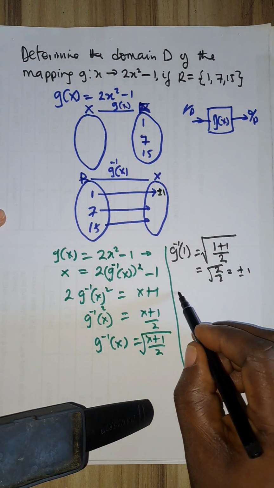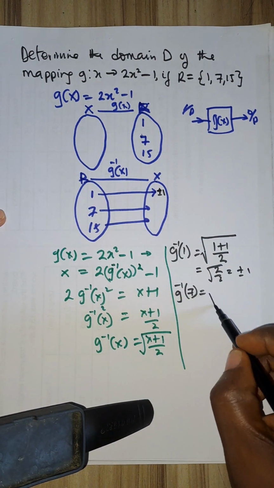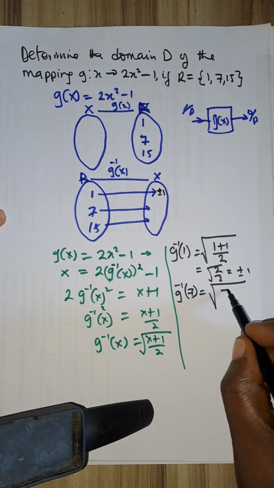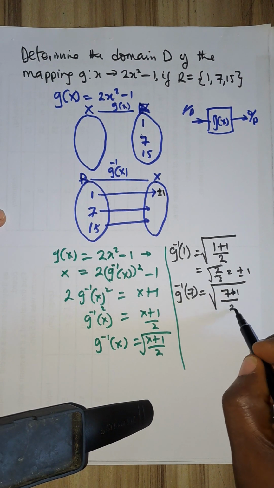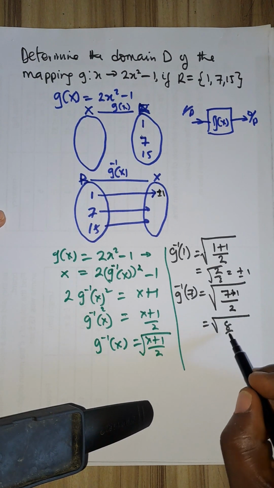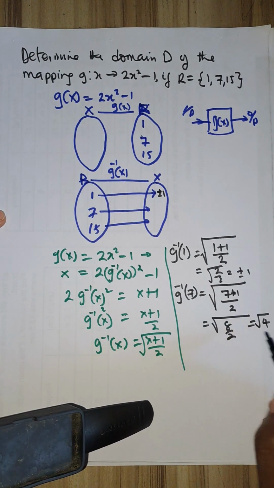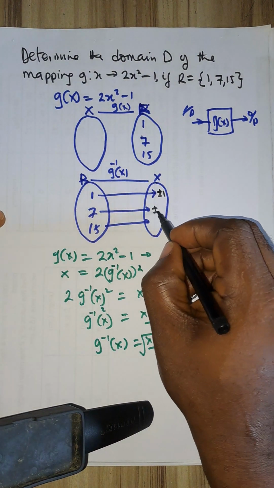Now, g inverse of 7, you have 7 plus 1 over 2. That gives us 8 over 2, which is root 4, which is plus or minus 2. So we have plus or minus 2.